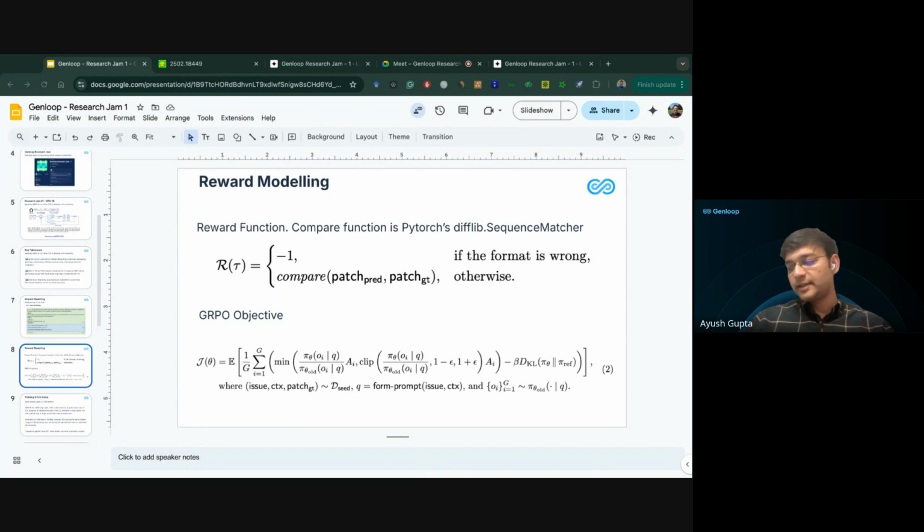One is, in our experiments with the reasoning based models, what we found was that when we created many reward functions, the model training became fragile. So having cleaner and minimal reward functions helped.